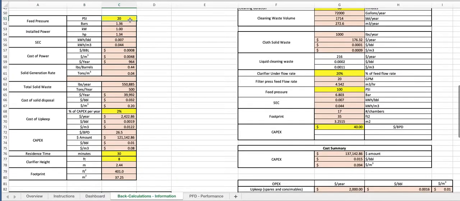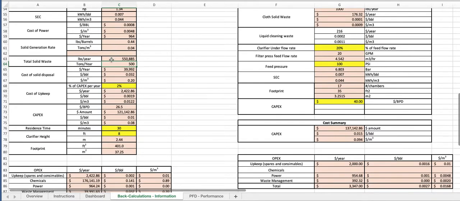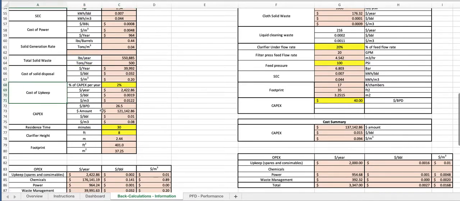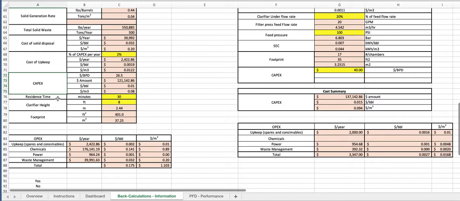It would also calculate the amount of specific energy requirements, assuming a 20 psi feed pressure, cost of power, the solid generation rate, total solids, pounds per year or tons per year, the cost of it, the cost of upkeeping the unit, and the capex, the residence time, clarifier height, opex.